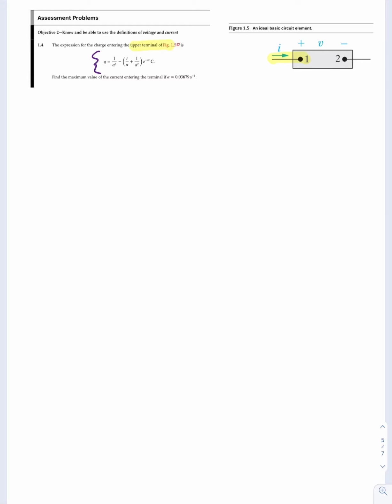Okay. Couple things. One, current is equal to dq over dt. And 2, we can find the maximum value of current by differentiating our current function, and setting that equal to 0.